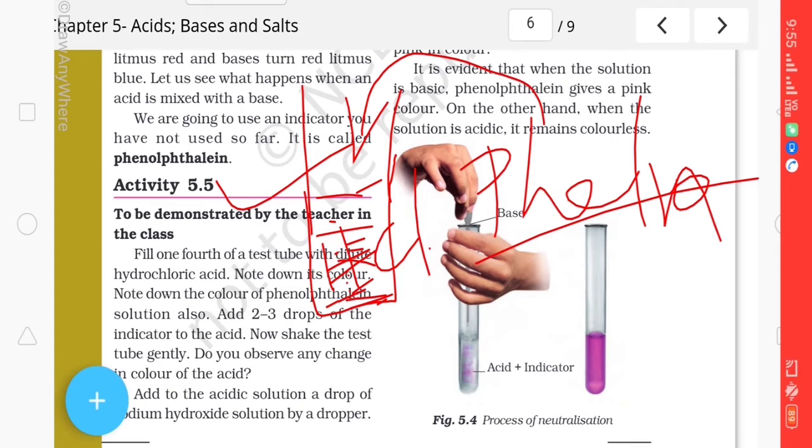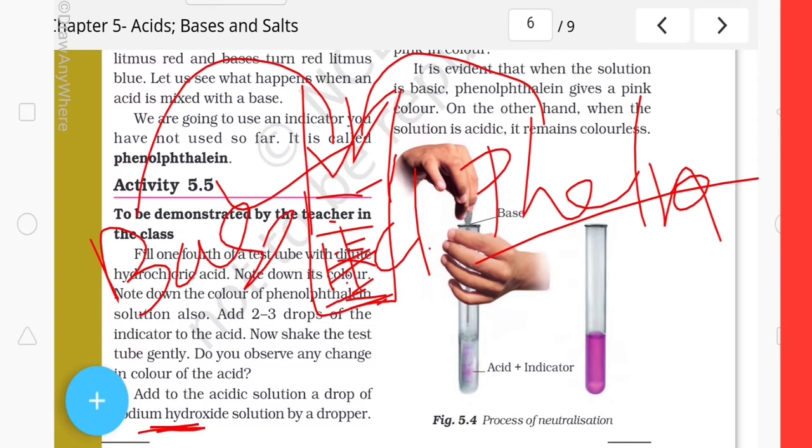But now, after adding the phenolphthalein, we will add a base, and the name of the base is sodium hydroxide. In the test tube we already have the acid, which is hydrochloric acid. Now if we add the base, what will happen?